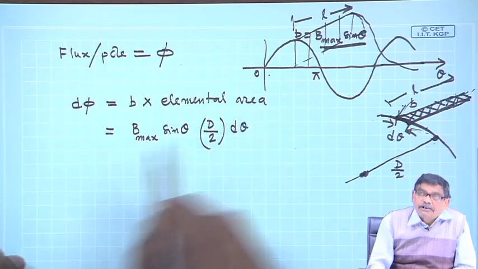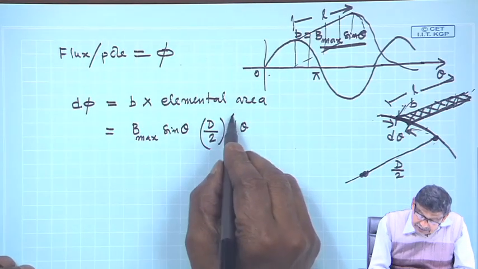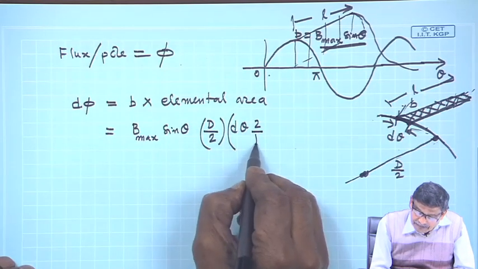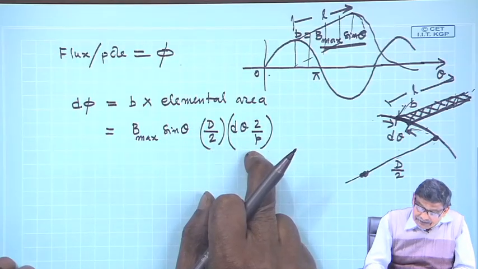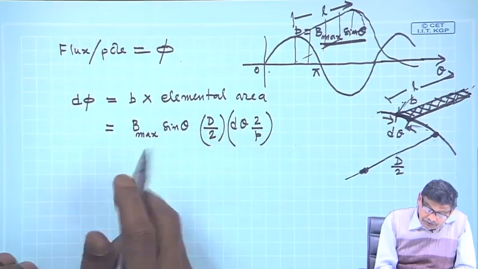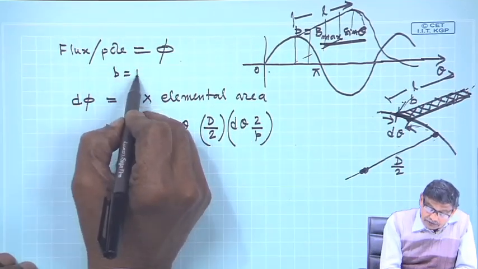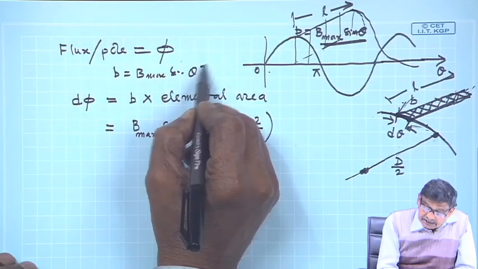This must be converted to mechanical degree, that is d theta into 2 by P. So r d theta. And this theta, I have already told, B is equal to B max sin theta, theta in electrical.